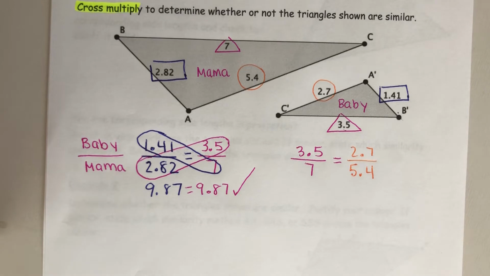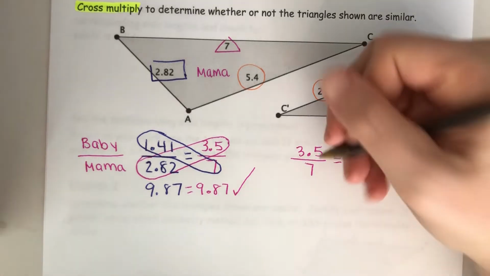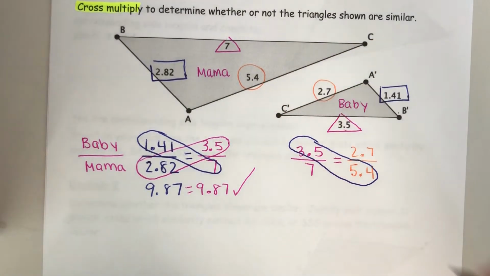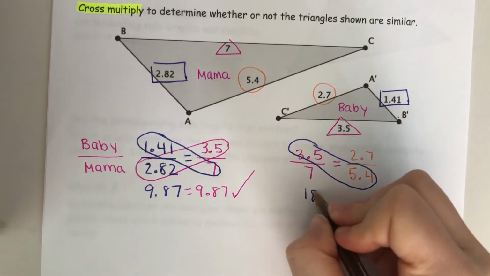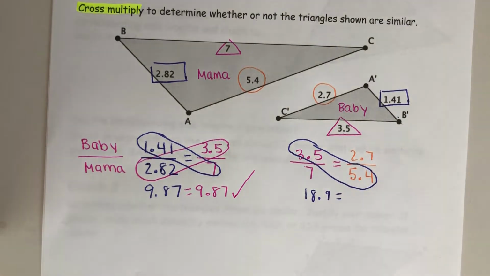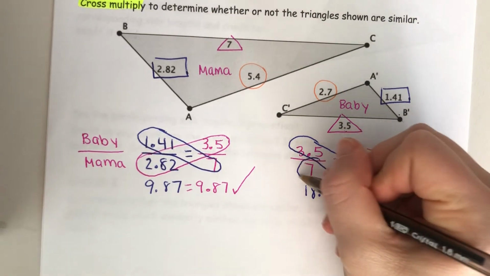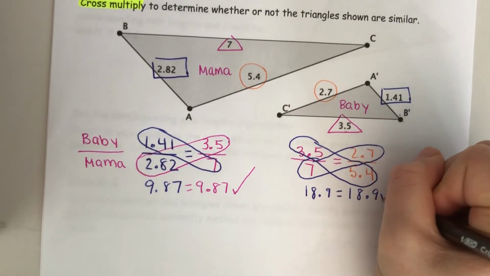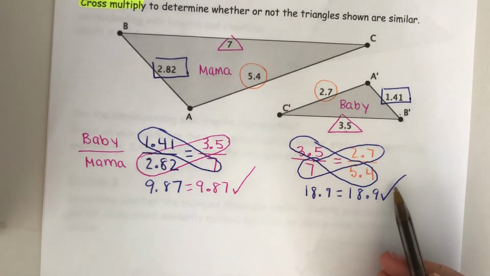Okay. Then we want to cross multiply again. So we get 5.4 times 3.5, and we get 18.9. And then we're going to do 7 times 2.7. So cross multiply again. And we also get 18.9. So we know those sides are also in proportion.